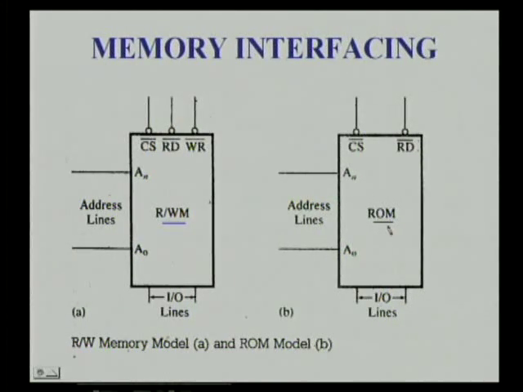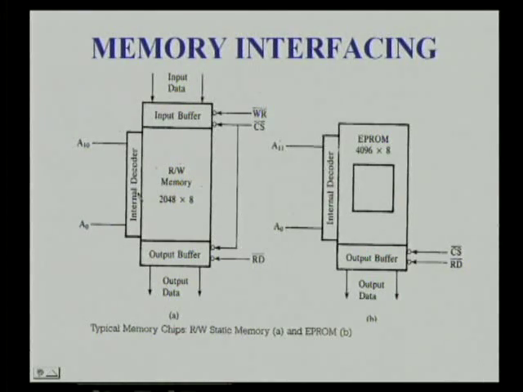And next, the model for read only memory. Here it is very similar to read write memory, except for the write bar control signal. It has only the read bar control signal, because the processor can only read from this, it cannot write into this particular memory. Next, this is a little expansion of the previous one. This diagram describes a memory chip.